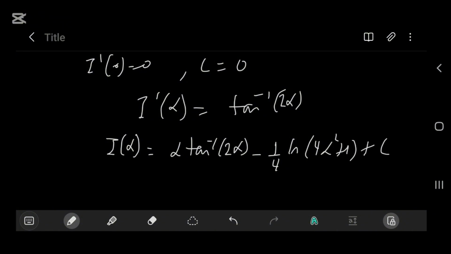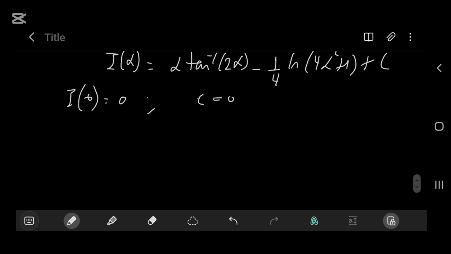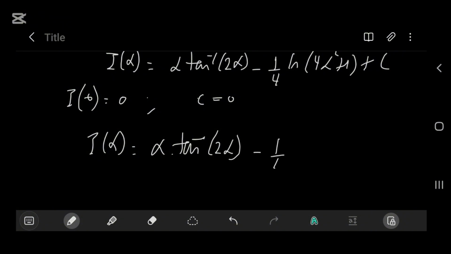And we know that I of 0 is also 0. So in that case, c becomes 0 too. So our final I of alpha is alpha times tan inverse of 2 alpha minus 1 over 4 natural log of 4 alpha squared plus 1.